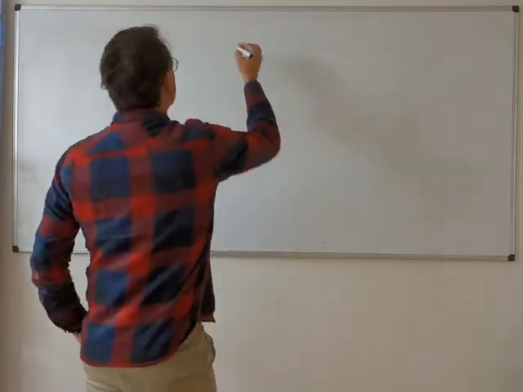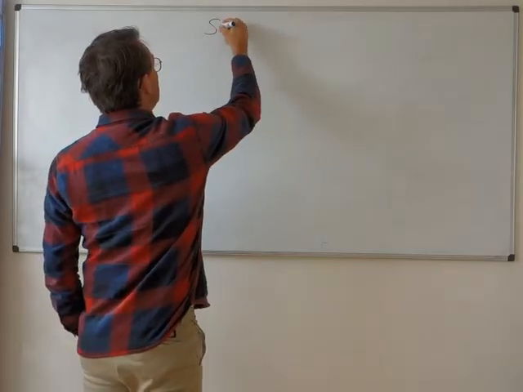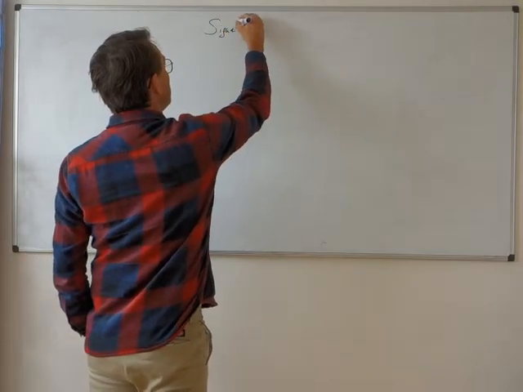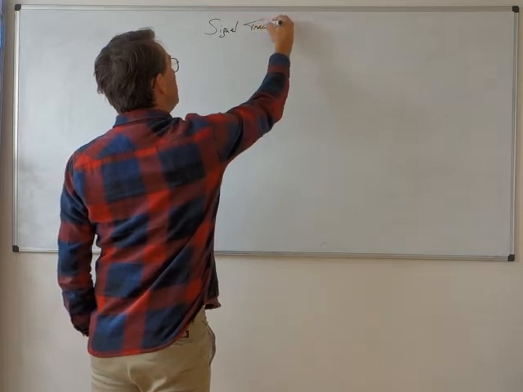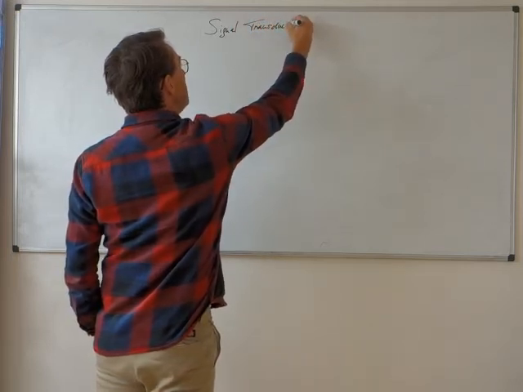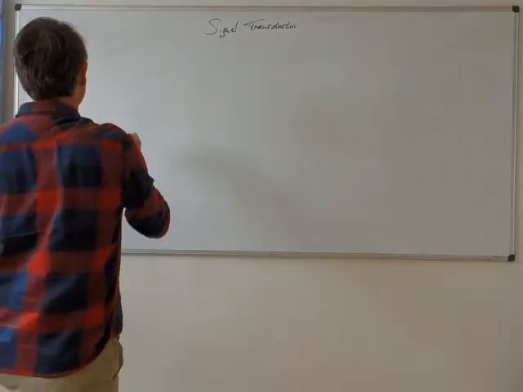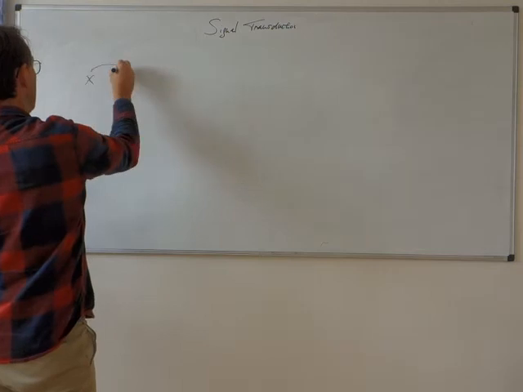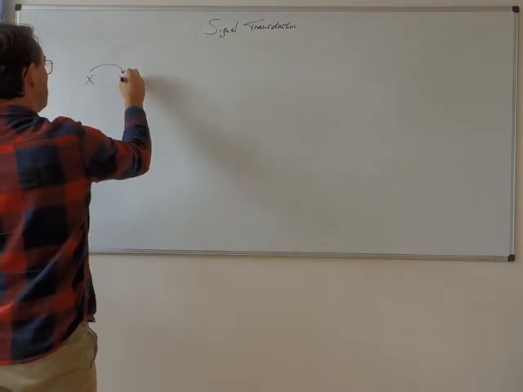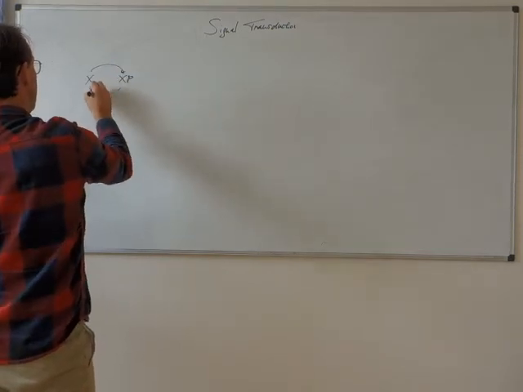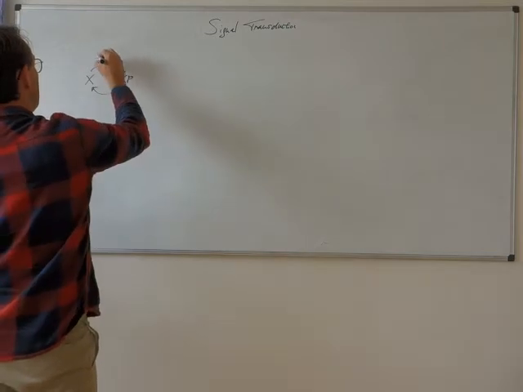Now welcome back to the second aspect of signal transduction of this chapter, and this is going to be about some target protein X. It's going to be phosphorylated by kinase and dephosphorylated by phosphatase.